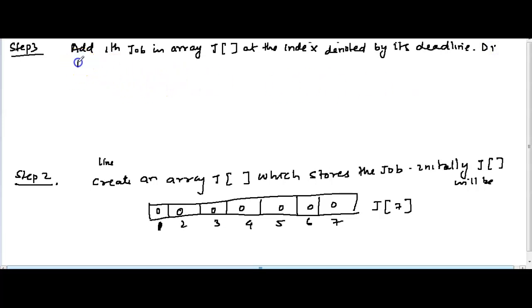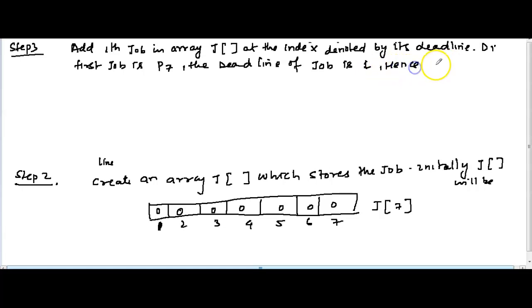So we have chosen the first job, which one? The 7th, P7. The deadline of the job is 1. Hence insert P7 in the array at index 1.